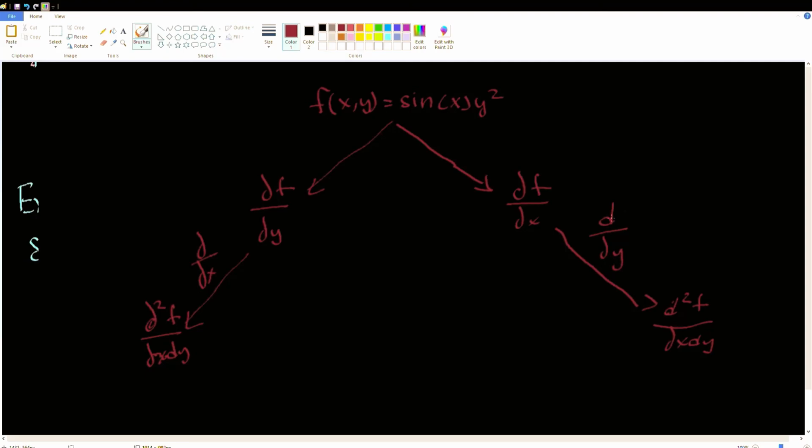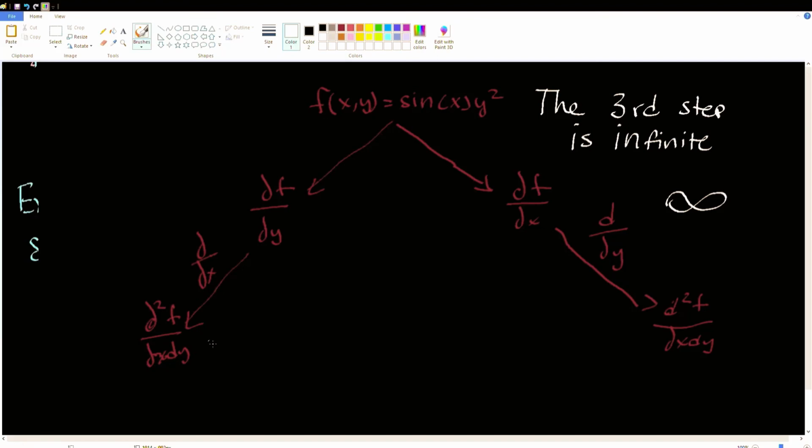So now, what I'm trying to show you is that the third step is infinite. It can go on infinite ways. We could do another derivative from here. We could do another derivative again from here. We could multiply this by df over dy. We could do this times df over dx, and the same for both sides.